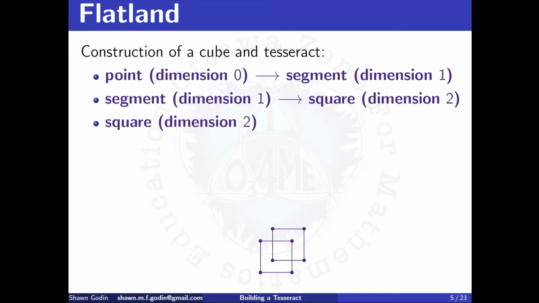If I make a second copy in the third dimension, join up corresponding points, we get a cube. Now, we're already having a little bit of a difficulty because we're actually representing a three-dimensional object on a two-dimensional screen. Fortunately, this is an image that all of us should be familiar with.